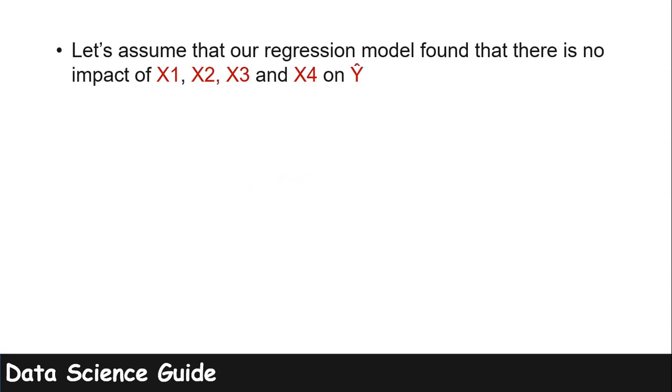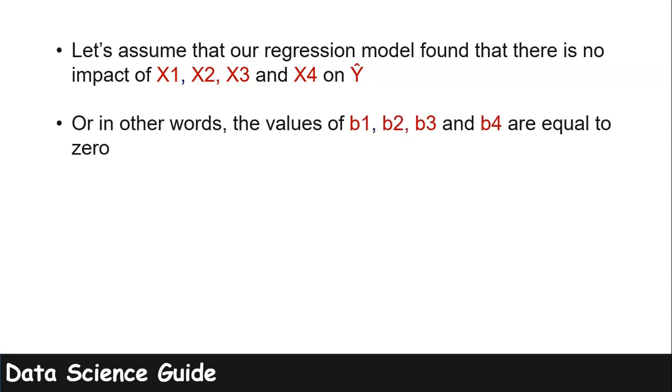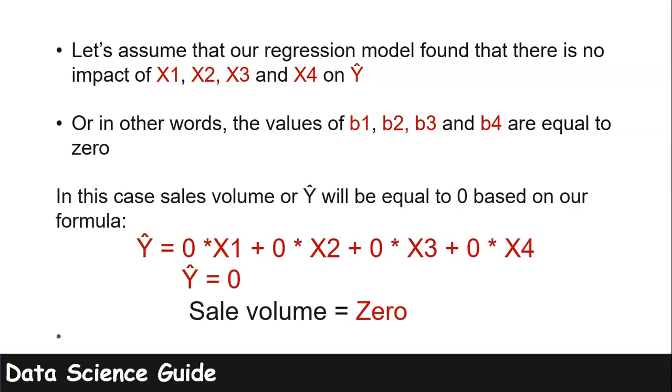Let's assume that our regression model found that there is no impact of X1, X2, X3, and X4 on Y hat or the sales volume. Or, in other words, the values of B1, B2, B3, and B4 are equal to 0. In this case, sales volume or Y hat will be equal to 0 based on this formula.